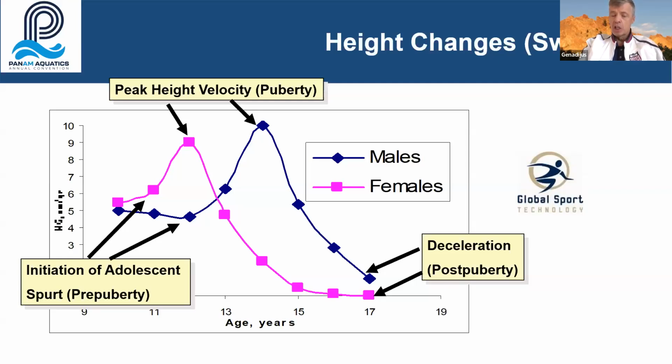So girls, as I told, are growing earlier. You see, at age 12 they're reaching peak height velocity, when height changes the most, up to 9 centimeters a year. And boys reach peak height velocity, about 10, 11 centimeters a year, at age 14. That's exactly 2 years difference.